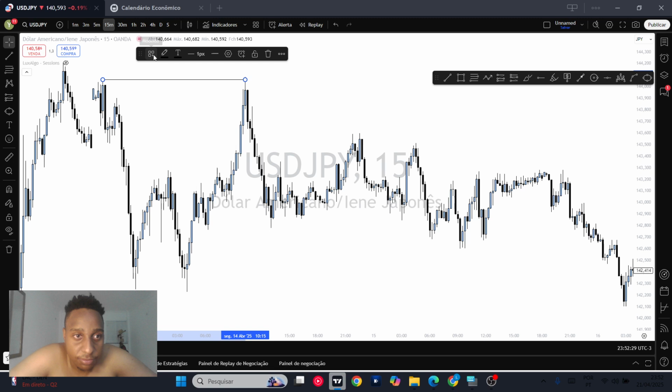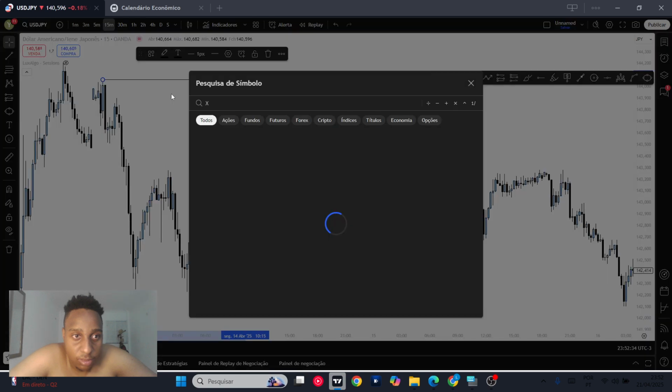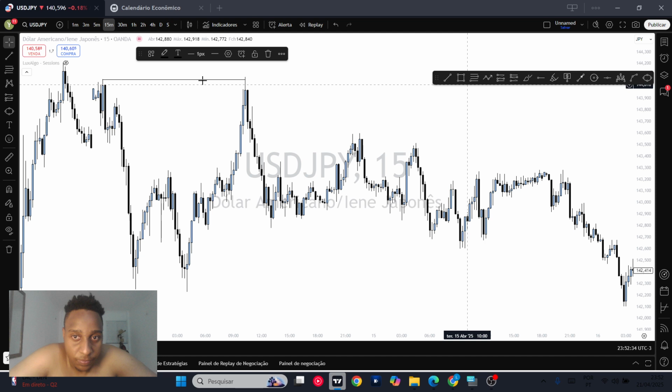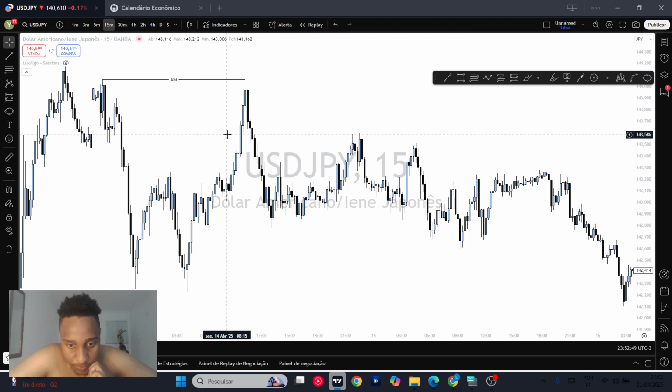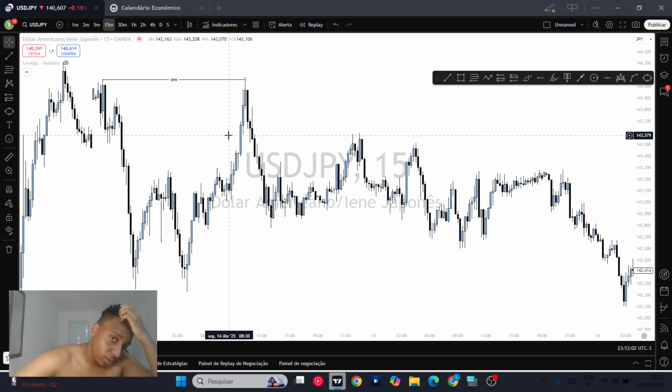I'll call this XXX. Sorry, not XXX. I will call it SMS. Yes, I'll call it SMS. Why am I calling this an SMS? I'm calling this an SMS because this is a shift in market structure. So when we see a false break of structure, it's a turtle soup. Everybody knows that.